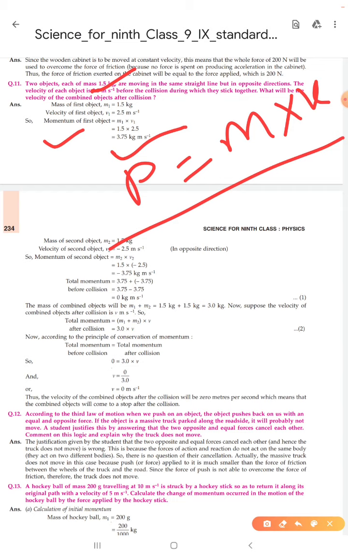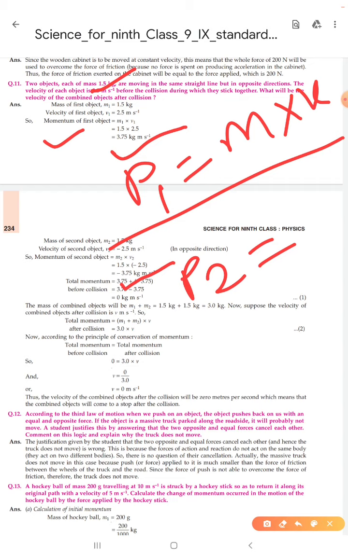Like that, the second object whose mass is also 1.5 kg and whose velocity is the same 2.5 meter per second, we will find the momentum for that object also, which is 3.75 kg meter per second. So both objects have the same momentum before the collision.